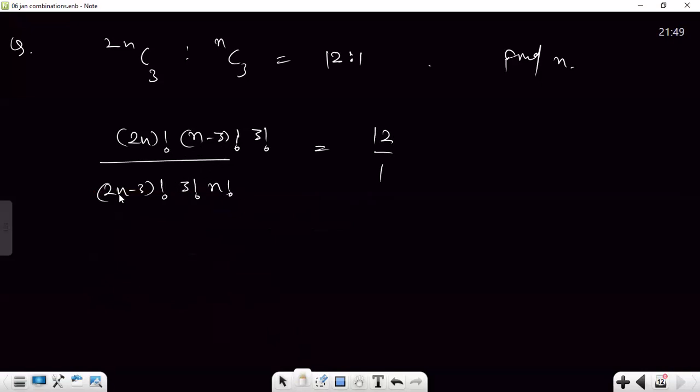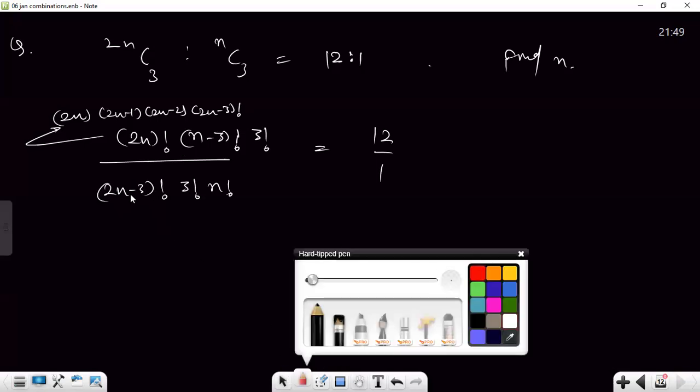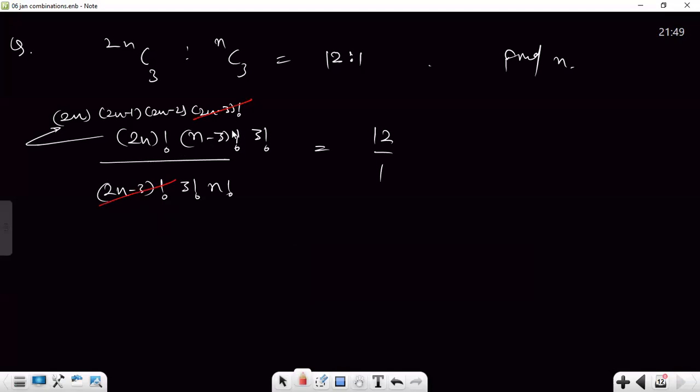Okay. Then 2n factorial will be expanding like 2n into (2n minus 1) into (2n minus 2) into (2n minus 3), and let's stop it here. Why? Because (2n minus 3) factorial is there. We'll cancel 2n minus 3 with 2n minus 3. Cool. n factorial can be expanded as n into (n minus 1) into (n minus 2) into (n minus 3) factorial.